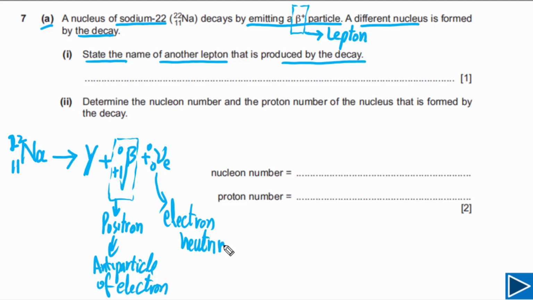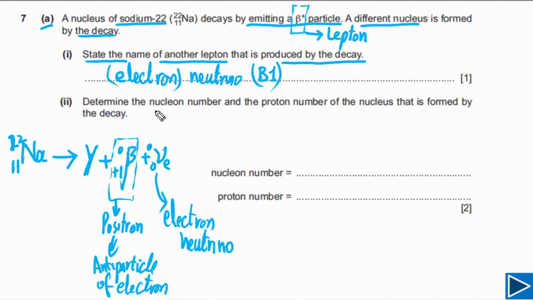At AS level, you only need to understand the electron neutrino. So in your answer, you can write electron neutrino, but you will still get the mark if you only write neutrino. It is better to write electron neutrino, but if you only write neutrino, you will still get the mark. So this is the mark.